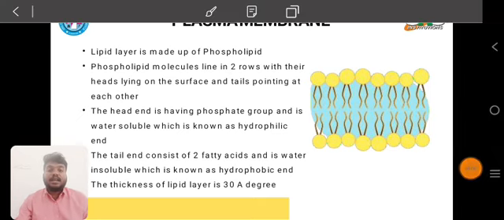The tail end consists of 2 fatty acids and is water insoluble, which is known as the hydrophobic end. The thickness is approximately 38 angstroms. So water soluble is known as hydrophilic, and water insoluble is known as the hydrophobic end.